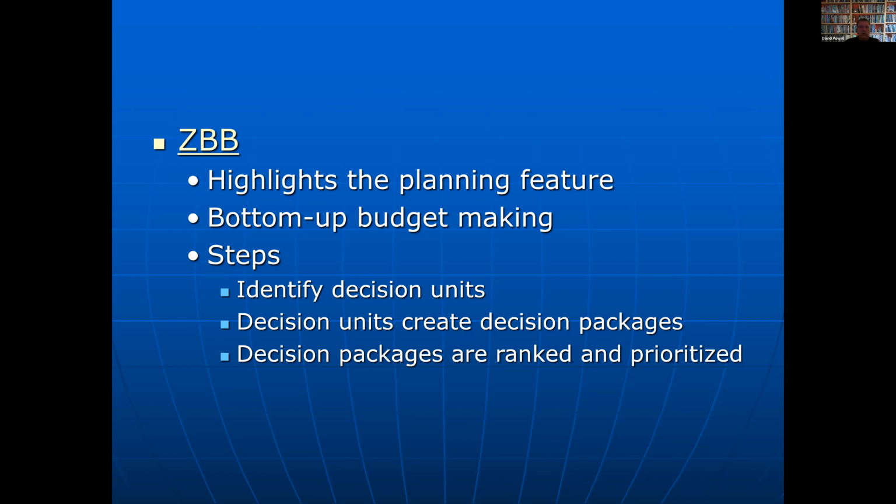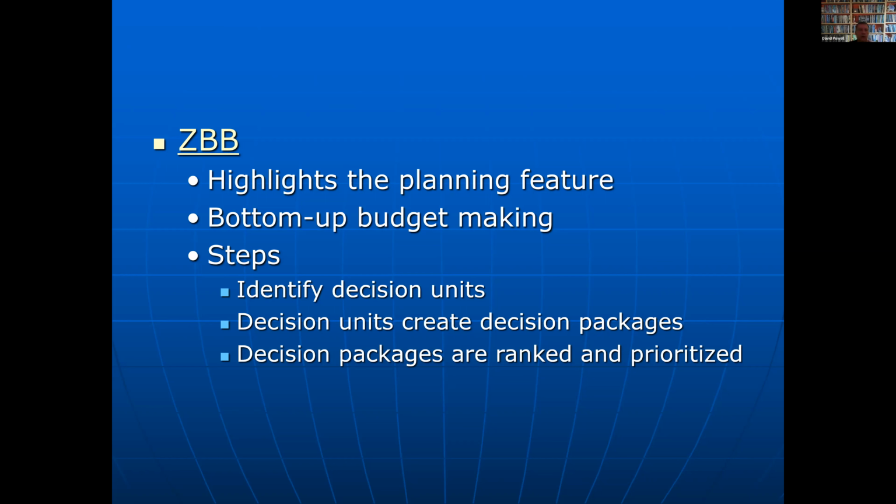So your decision units put together multiple decision packages, dozens of decision packages. These decision packages are then ranked and prioritized by the decision units. And then those ranked decision packages are sent up the organizational chart to the next level of management. Those middle level managers will then re-rank and reprioritize those decision packages, and send their ranked decision packages up to the top level of the organization.